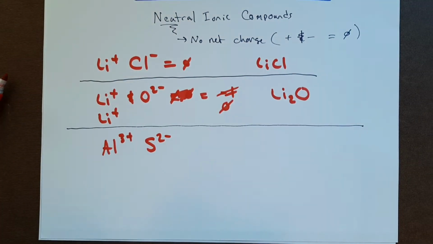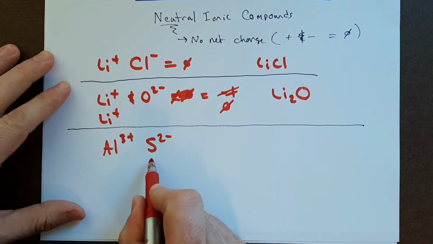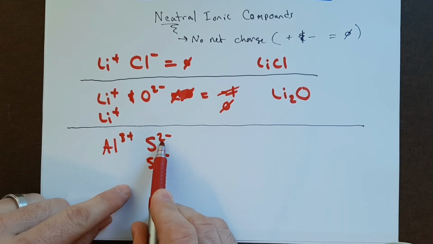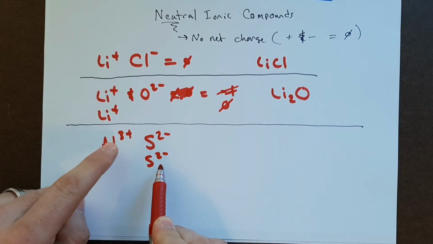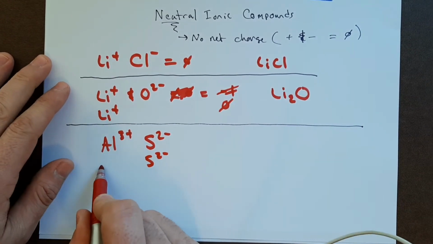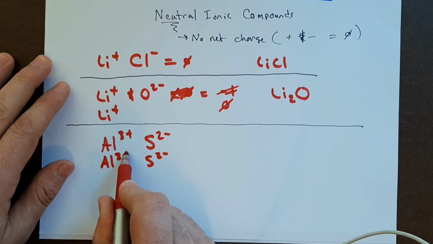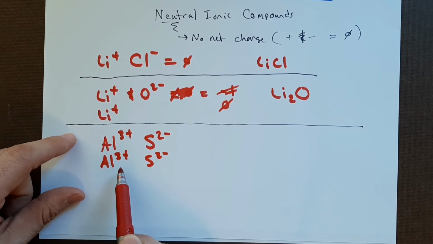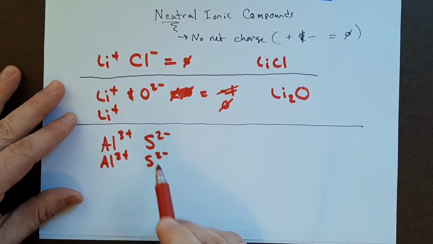So if we were combining the aluminum and the sulfur, then we would need another sulfur. But that's now 2 and 2 is 4. 4 negative and 3 positive isn't equal either. So let's add another aluminum. We're still not there yet. 3 positive plus 3 positive is 6 positive, where 2 and 2 is 4.